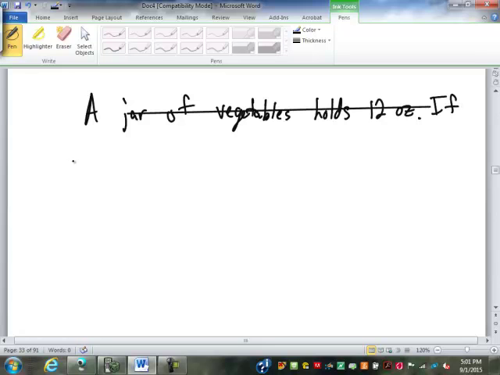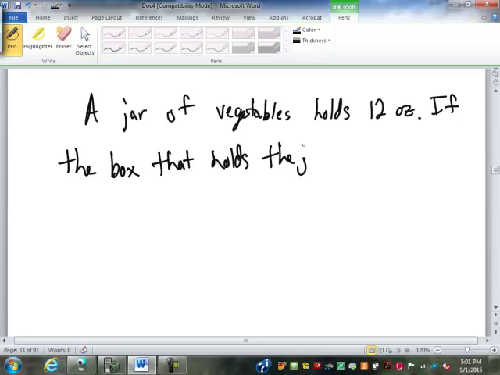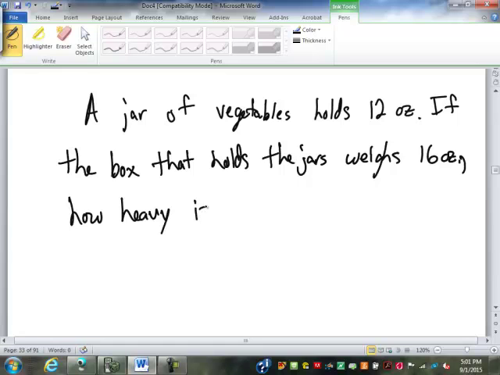If the box that holds the jars weighs 16 ounces, how heavy is a box containing 8 jars?